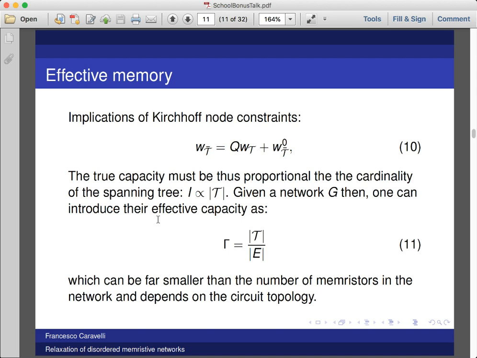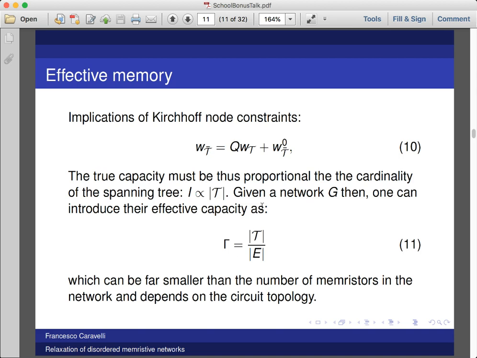Because the cardinality of the spanning tree is always equal to the number of nodes minus 1, that's actually the constrained amount of memory you can have in a network of memory instances that are connected and analog, in the sense that they satisfy Kirchhoff's law.